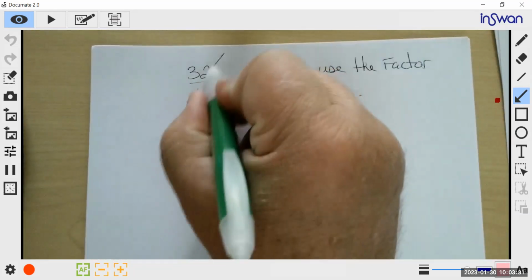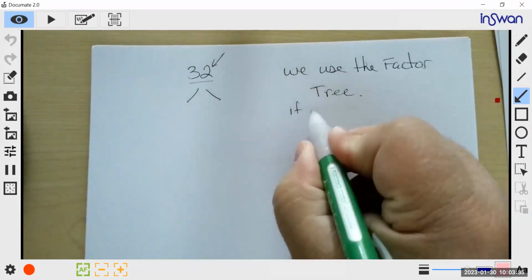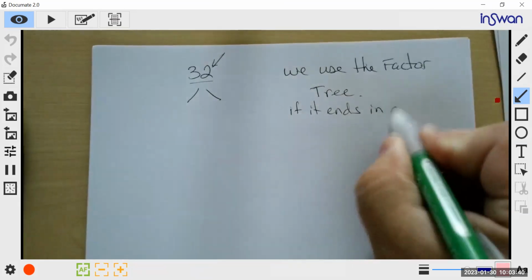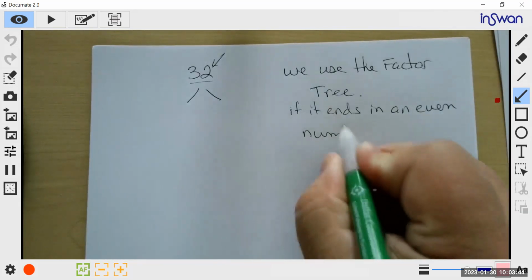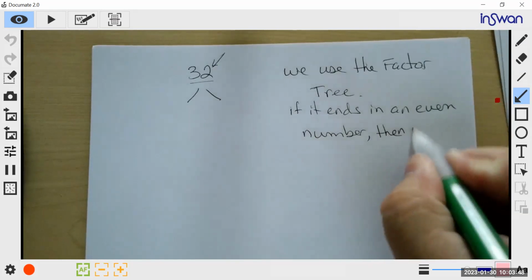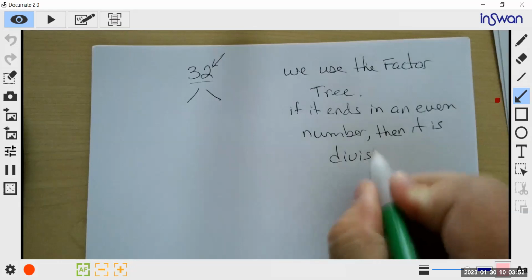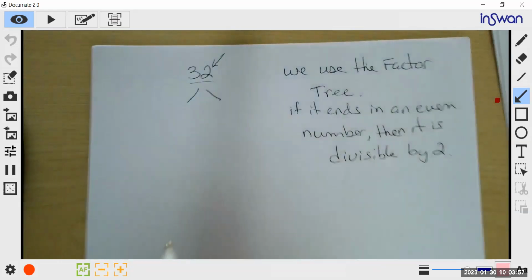Since it ends in an even number, if it ends in an even number, then it is divisible by 2.